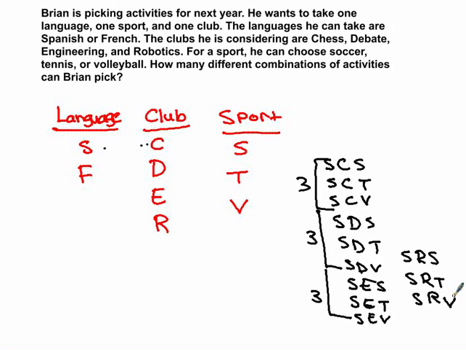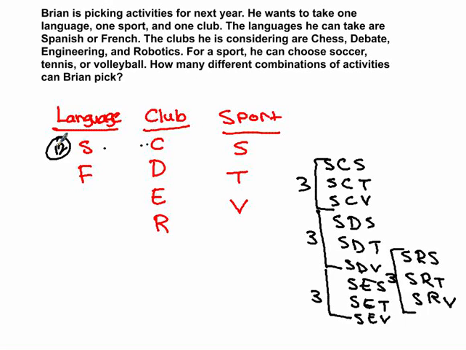Those are all of the options with the language of Spanish. I broke it down into Spanish and chess, then Spanish debate, Spanish engineering, Spanish robotics, and we paired a sport with each one. So altogether, with my Spanish possibilities, I had 12.